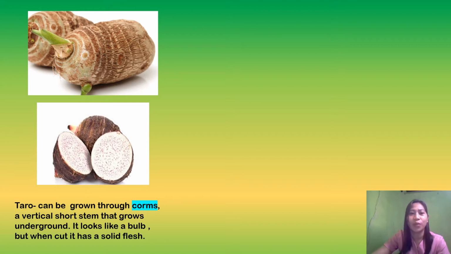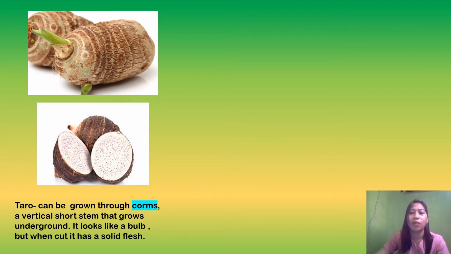So how is taro grown? Taro can be grown through corms, a vertical short stem that grows underground. It looks like a bulb, but when cut, it has a solid flesh. As you look at this picture, it has already been cut, and inside it's like a solid flesh.